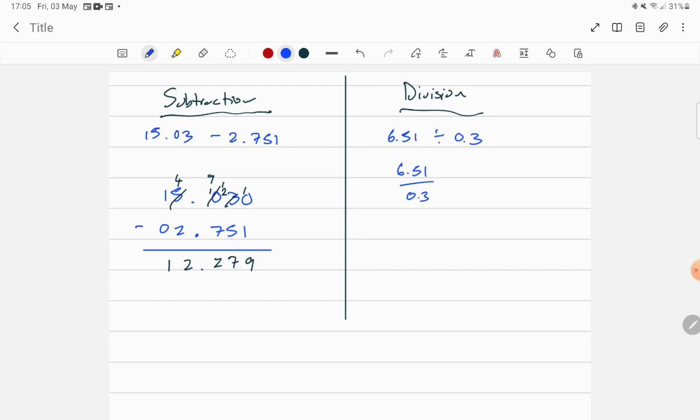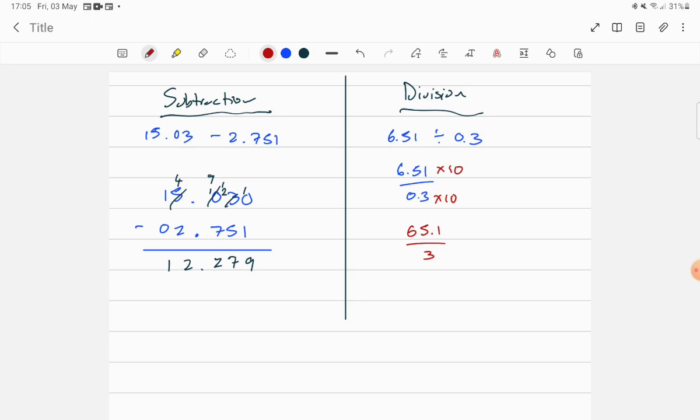And then thereafter, very similar to multiplying decimals, here we need to get rid of at least the bottom one. So here we times this by 10, and whatever you do to the numerator or denominator, you do the same. So then we're left with 65.1 divided by 3.